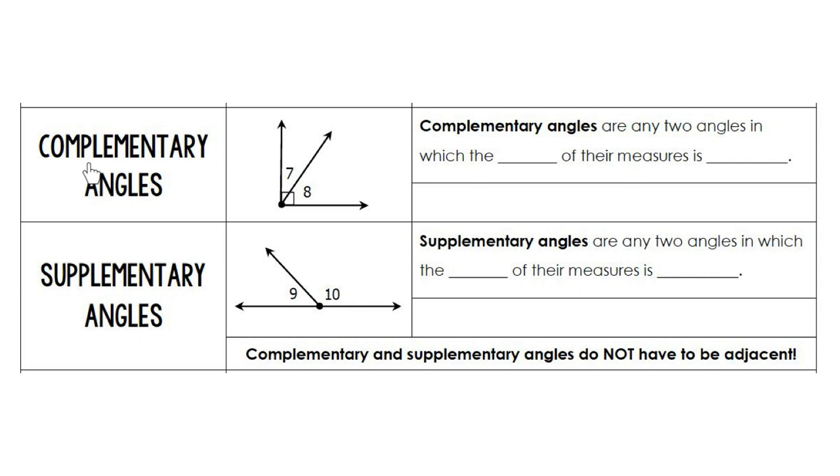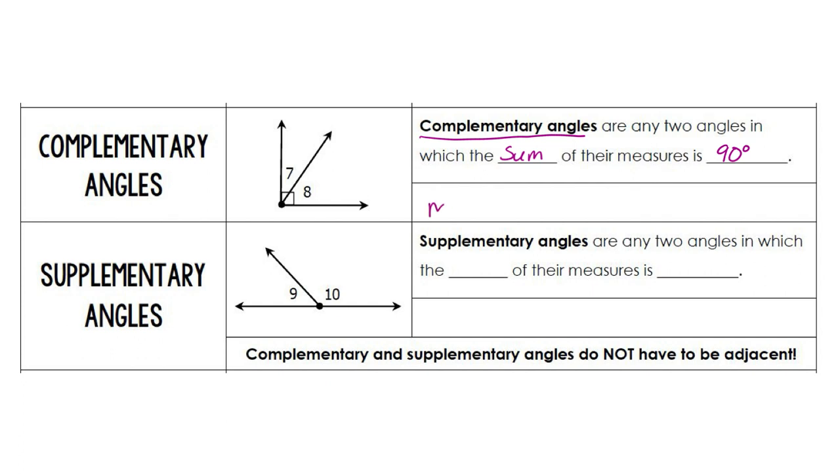We also have complementary angles. Complementary angles are any two angles in which the sum of their measurements, so when I add them up, is 90 degrees.